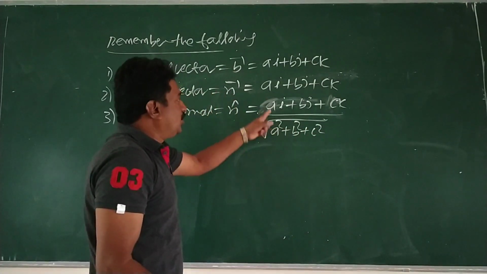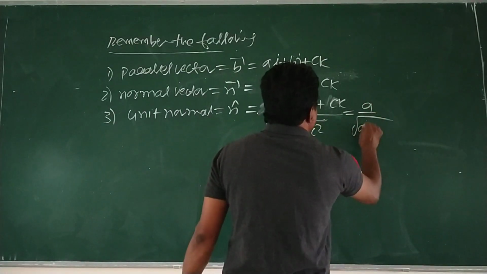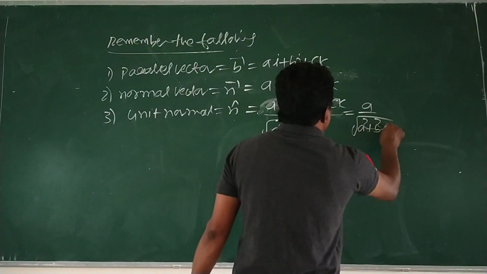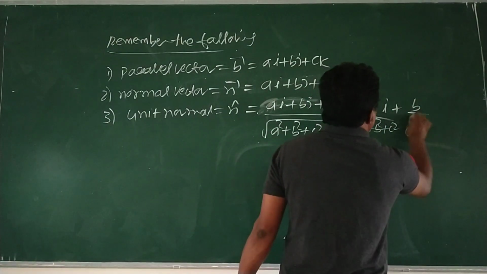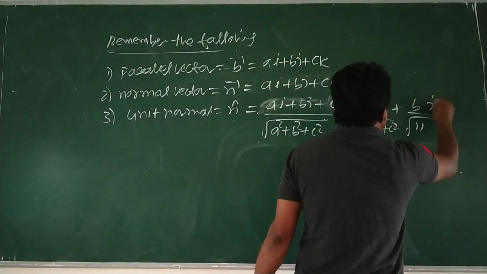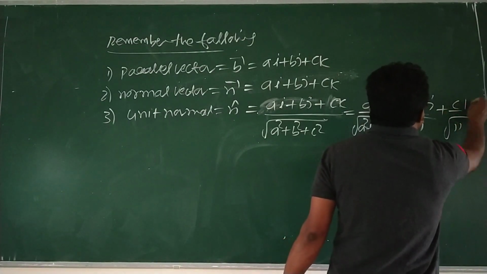You are going to split it: a by root of a square plus b square plus c square into i, plus b by root of the same thing into j, plus c by root of the same thing into k.